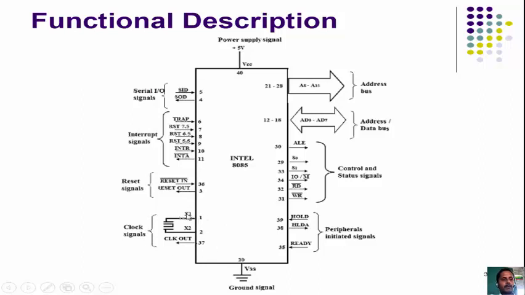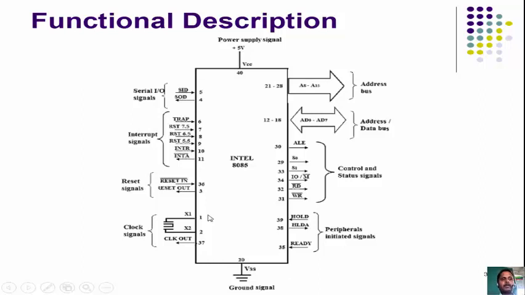Now in this picture we can see pin number 1 and pin number 2, X1 and X2. These are the clock pins where a crystal is connected. X1 and X2, these are the clock signals, plus clock out. On pin number 1 and pin number 2 we connect a tuned LC or RC circuit in such a way that internally we can get the operating frequency of the 8085 microprocessor.